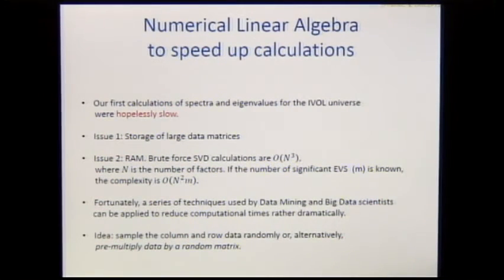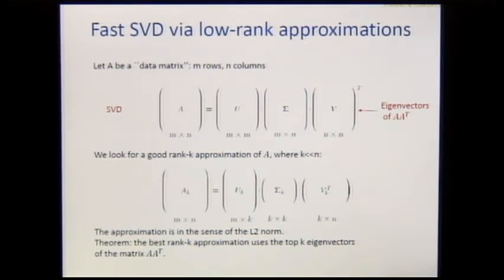Has anybody here heard of randomized algorithms for linear algebra? Raise your hand. Oh, nice. Okay, we have 4 people. So, excuse me, I'm going to tell it to everybody else. Okay, so here's how it works. Fast SVD: you want to do an SVD, but you want to do it fast. SVD means you take a data matrix, you write it like this, and so on.